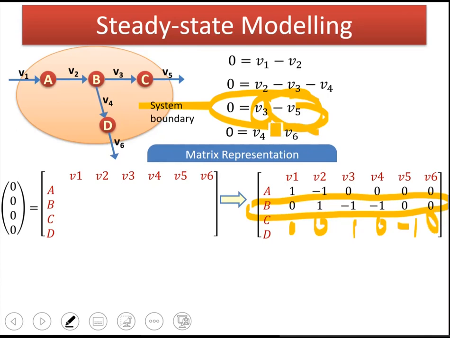And when it comes to the fourth equation, the equation around metabolite D, I will have +1 for V4, I will have -1 for V6, and there is no V1 in the last equation, no V2, no V3, no V5. And our matrix representation is ready now.